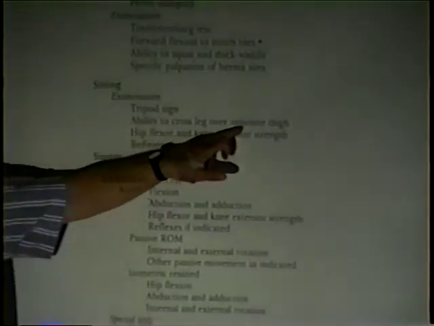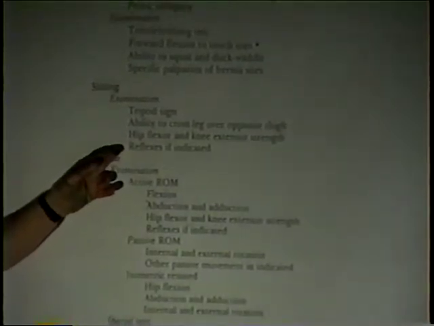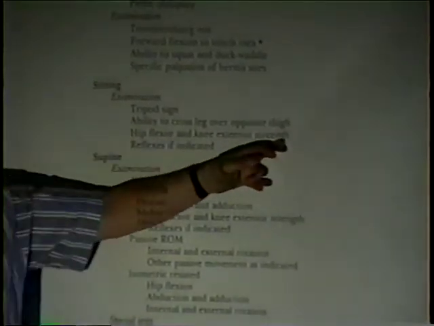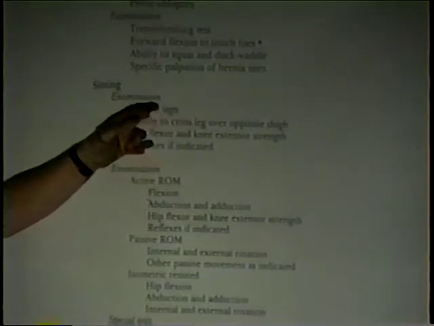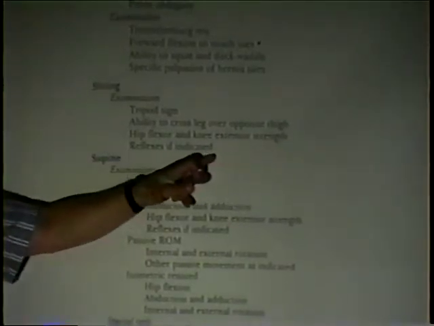Now then, as far as sitting is concerned, he's got some very important things here. The ability to cross the leg over the opposite thigh, which is kind of a gross way of doing the Faber test. Hip flexor and knee strength, done in sitting, which we've probably done in our scan anyway, so this might not need to be repeated. Reflexes if indicated.